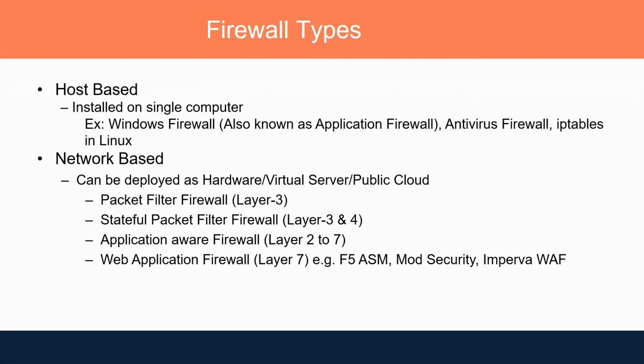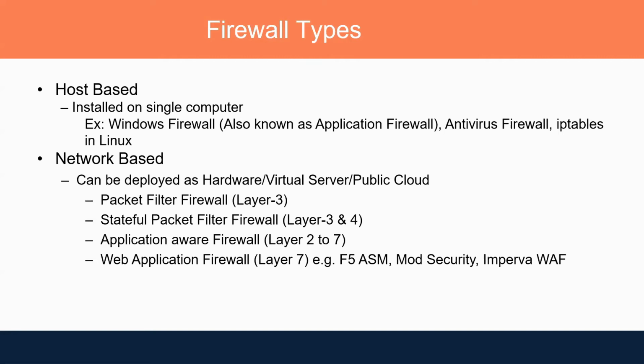We will discuss those hardware later, but yes, Palo Alto provides hardware, virtual-based, and public cloud firewall. So you can purchase the hardware, or you can deploy it as a VM, or you can install the Palo Alto firewall on the public cloud like Azure, AWS.